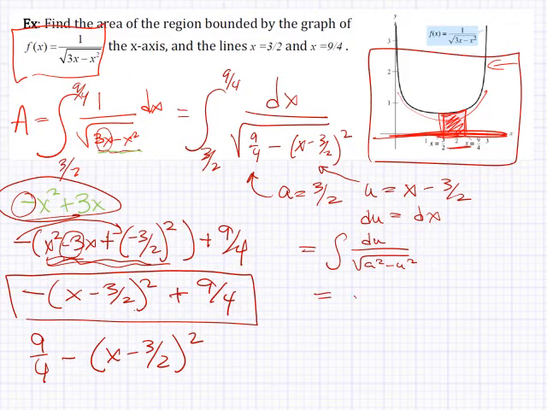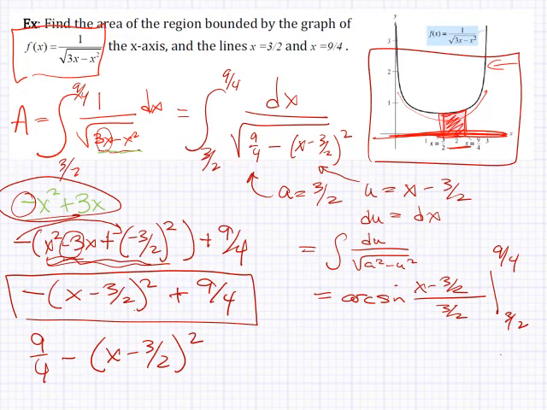So we end up with arcsine of u, which is x minus 3/2, over a, which was 3/2. And that's going to be between 3/2 and 9/4. So the last part is to plug in these values.